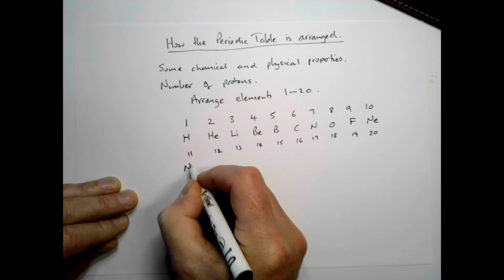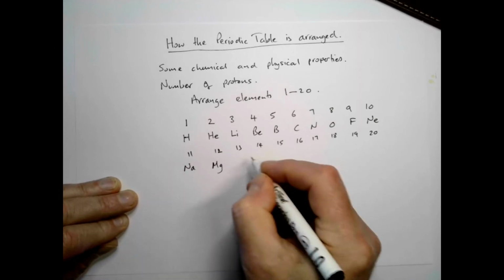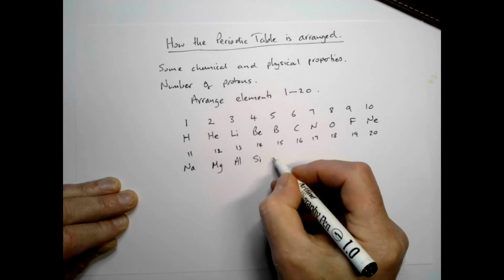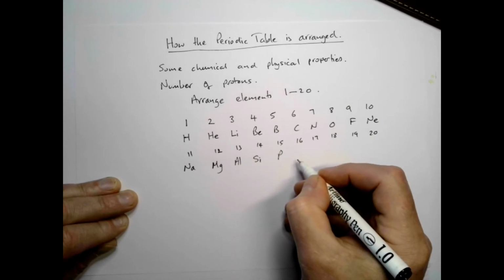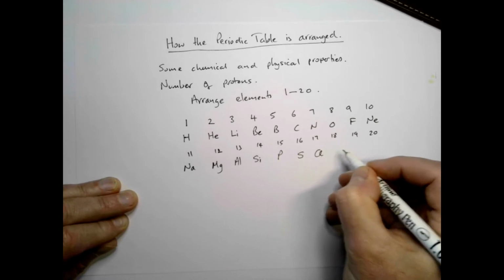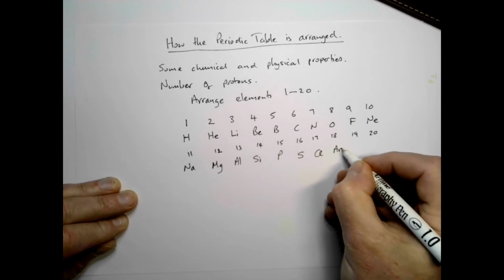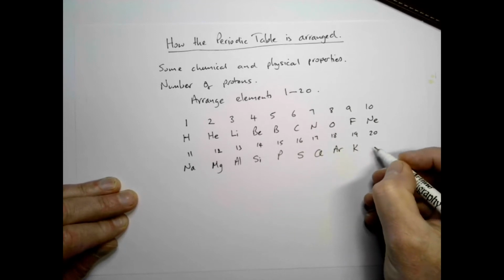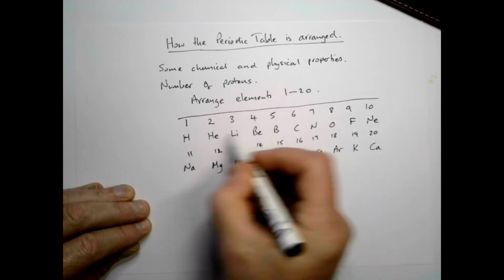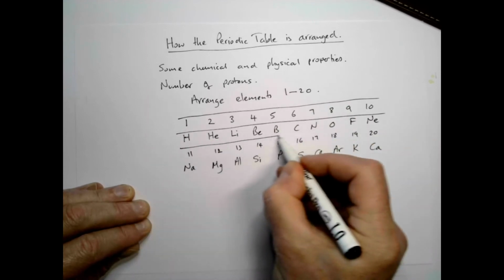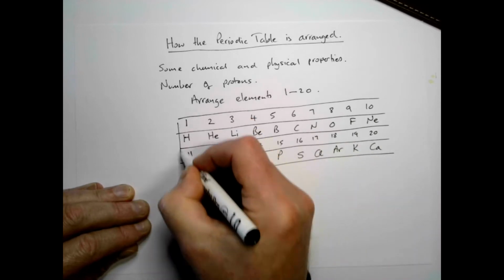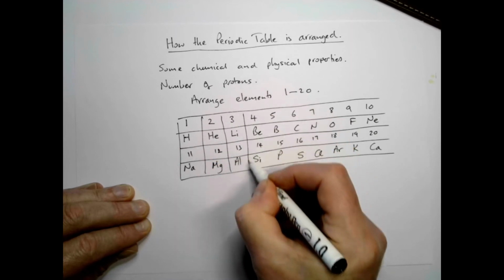So we have sodium, we have magnesium, we have aluminium, we have silicon, we have phosphorus, we have sulfur, we have chlorine, we have argon, then we have potassium, and we have calcium. All right, so there's my table. Okay, so we'll just draw a nice little table around it. And I can probably just put each one into its own box.